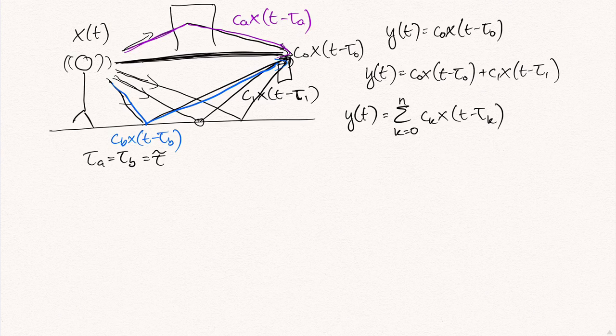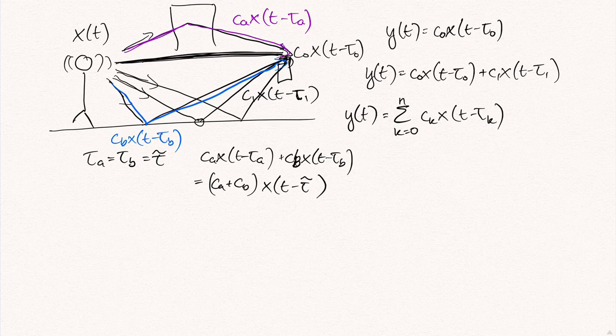When this occurs, the part of the output signal that consists of these two components, c a x of t minus tau a plus c b x of t minus tau b, can be written as one component, c a plus c b, times x of t minus tau tilde. Now we can even go further and denote this one c of tau tilde.